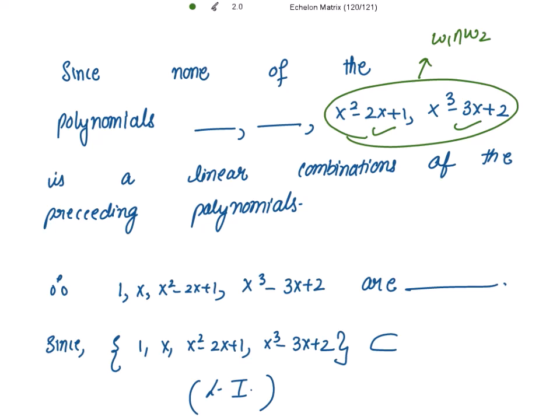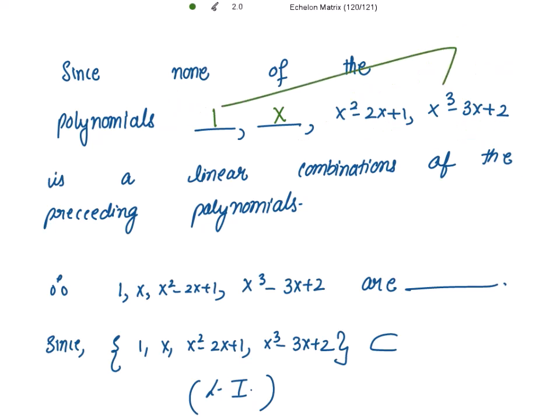But I need the number of linearly independent vectors to be 4, because of the dimension of V. What other polynomials can I add to extend the basis? We can take the polynomial x and also the constant polynomial 1, that is x to the power 0.